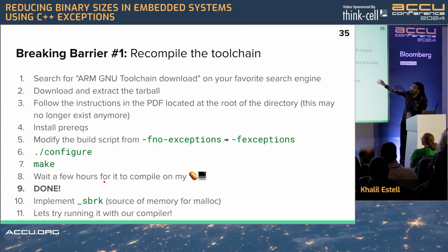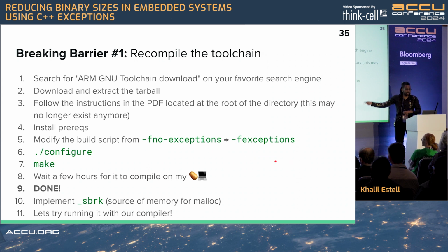So the only reasonable thing to do is to recompile the toolchain. So you search for it, you download it, you extract it, you follow the PDF, and if you ever watch this talk, please add the PDF back. It was so straightforward and so nice to use, and the online web tutorials are very confusing. You install your prerequisites, and you do one big step. You change their build script from no exceptions to exceptions.